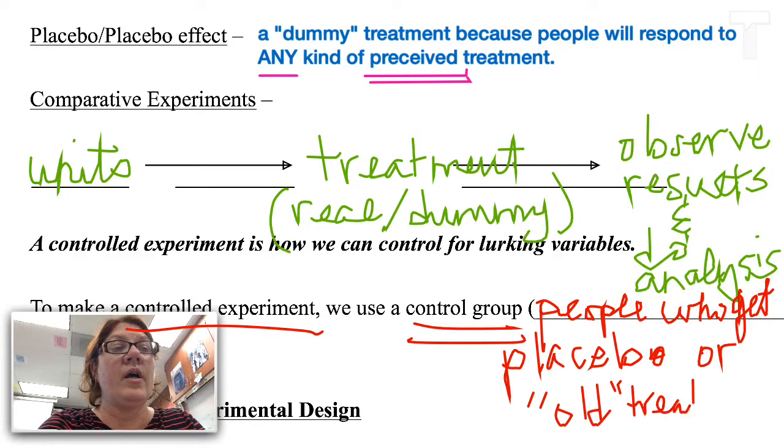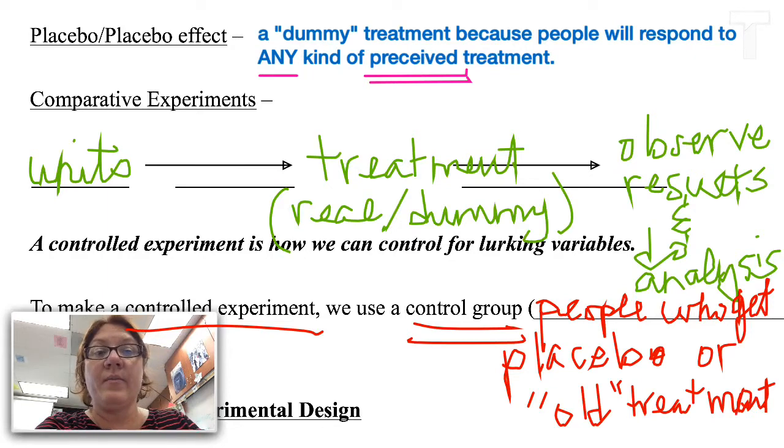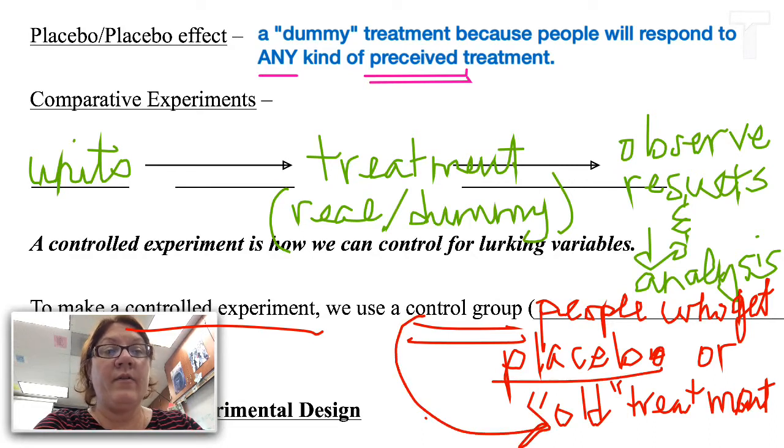In other words, I want to compare my new diet pill with the old diet pill to see if the new diet pill is in fact better. I know that the old diet pill works better than a sugar pill, because I did research on it. So now I want to see if my new treatment works better than my old treatment. So I might not use a placebo. Instead, my control might be whatever the old treatment was. Very important.